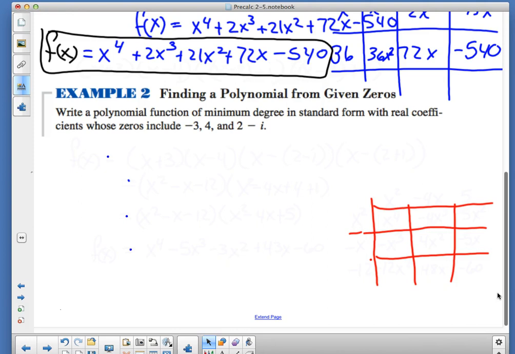Your turn. You all got example 2. Go for it.